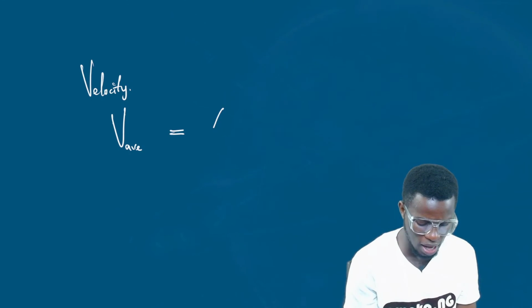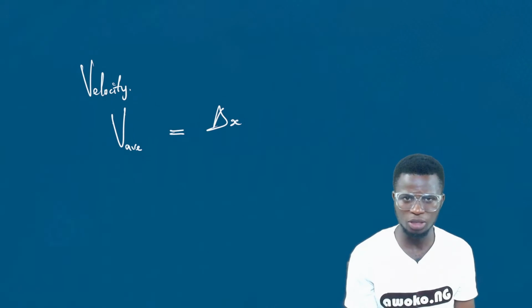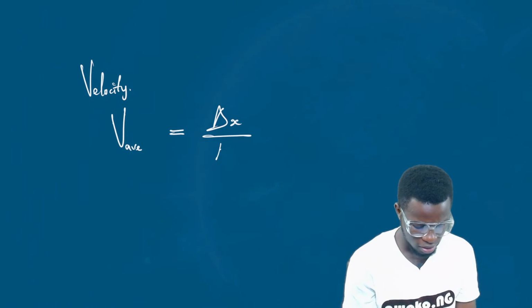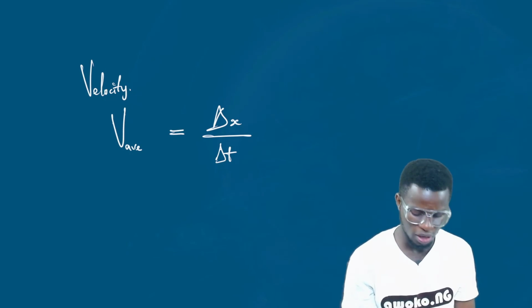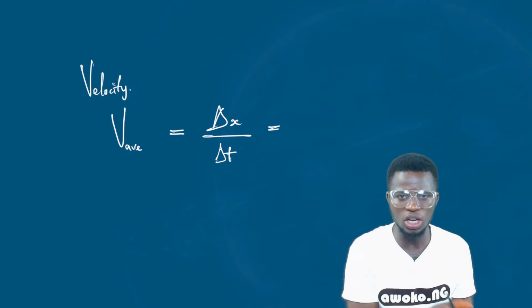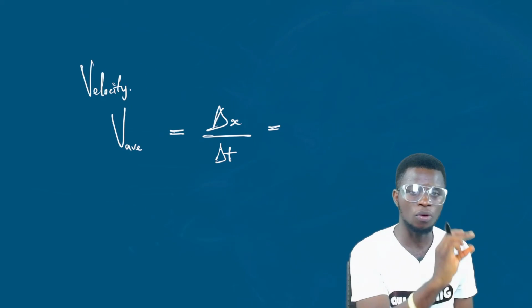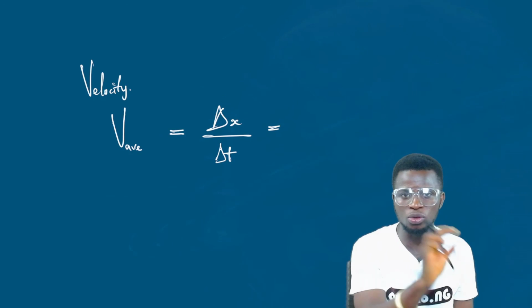So average velocity, let's use V average, is seen as the change in displacement, where we use X to represent displacement, all over the change in time. Changes give account of one position with respect to the other.